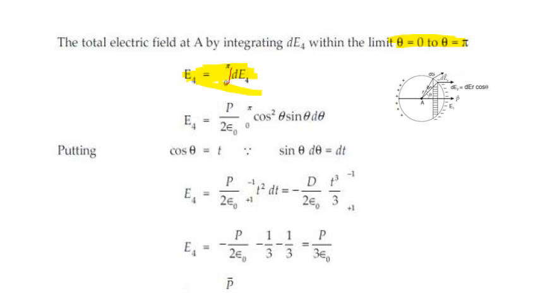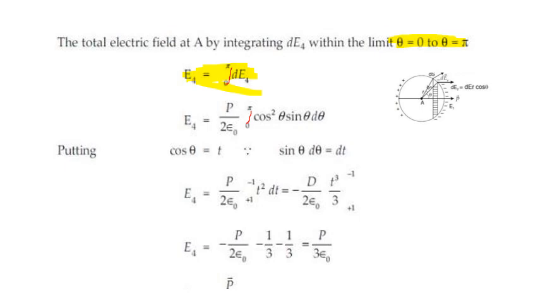And if you integrate this, you will get P upon 2 epsilon 0 times the integral from 0 to pi of cos square theta sin theta d theta. We assume cos theta is equal to t, then sin theta d theta will be minus dt, and you can find out this.